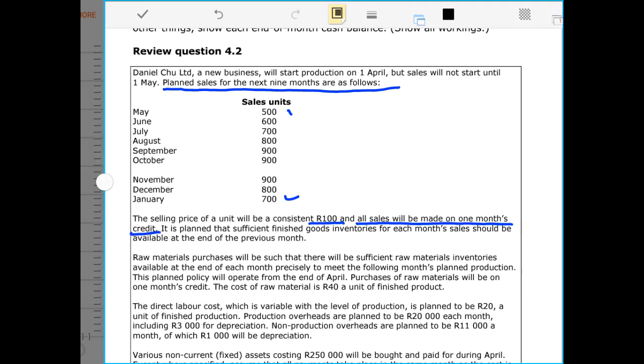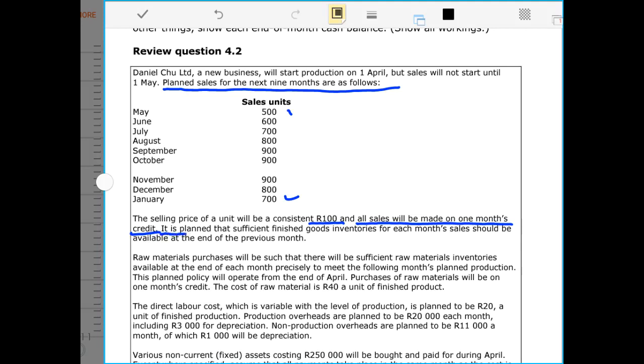So now in other words, they are telling us that we sell to our customers on credit, and the customers will pay 1 month later. So now meaning cash of the sales of the current month will be collected in the following month from our debtors. That means the debtors collection period is 1 month after the month of sale.